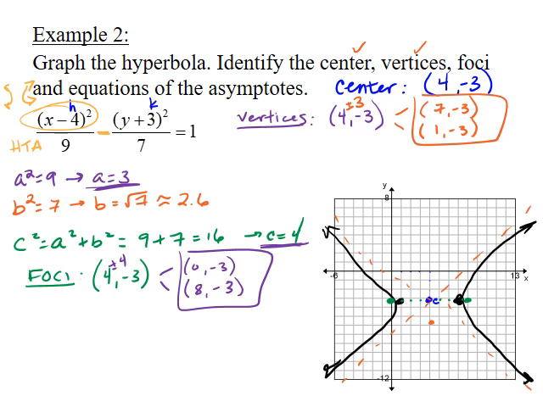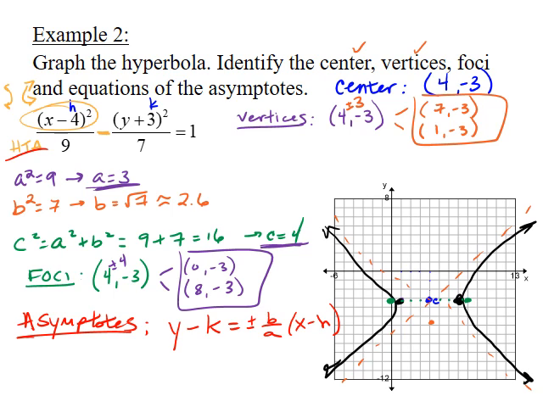The last thing I need to do is write the equation of the asymptotes. And because I've moved my center, it's going to take on the formula y minus k is equal to plus or minus b divided by a, because I have a horizontal transverse axis, times x minus h.